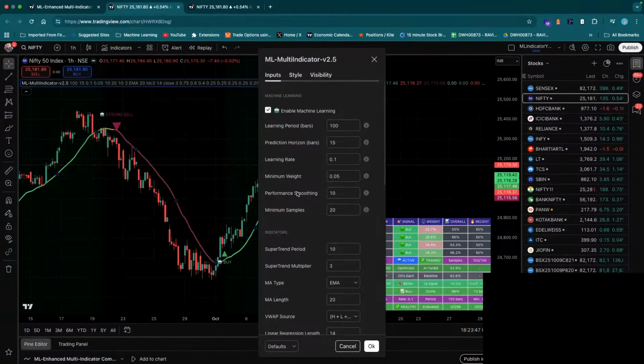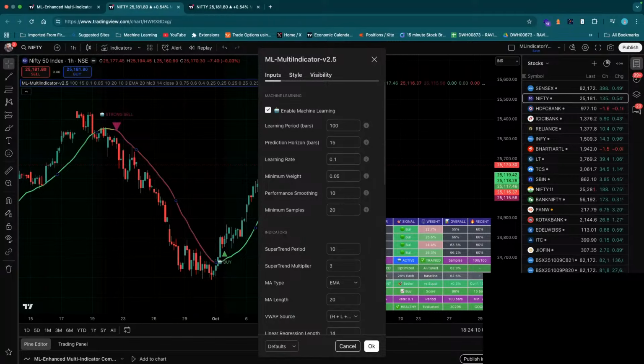All right. Now the next one is the learning rate, default 0.1. Indirectly, this is like a car's accelerator: how quickly it can respond to change. The more you press, the more quickly it will respond. But the challenge is, if it responds too quickly, you end up taking too many trades.